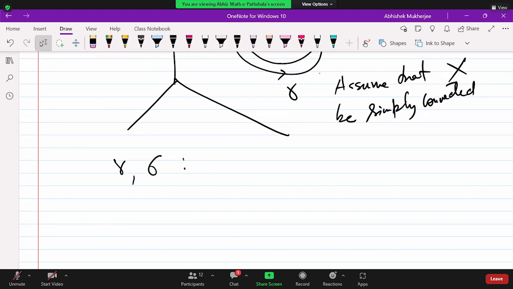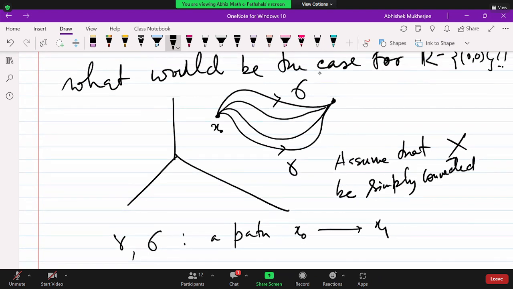So this is a path from x0 to x1. Suppose this is your x0 and this is your x1.